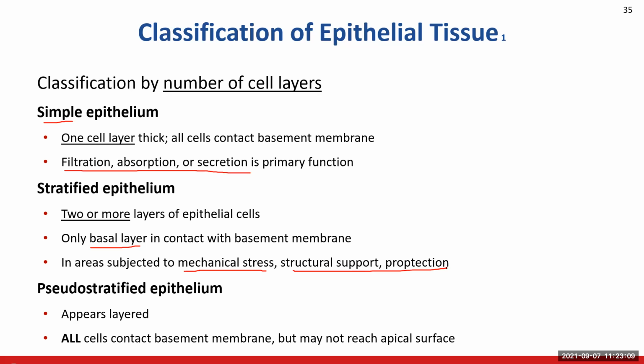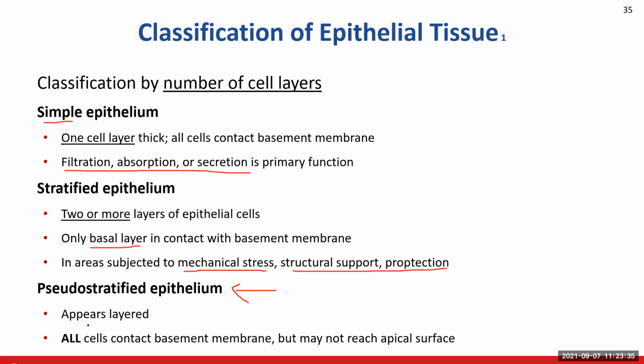So one cell layer thick, simple epithelium. Two or more, stratified. Then, of course, we always have an exception or something that has to draw our attention, and that's going to be the pseudostratified epithelium. Now, at first glance, when you look at this type of epithelium, it looks like it's going to be multi-layered. So we call it pseudostratified because pseudo is false, so it's falsely stratified. So it looks like it is, but that's not the case.